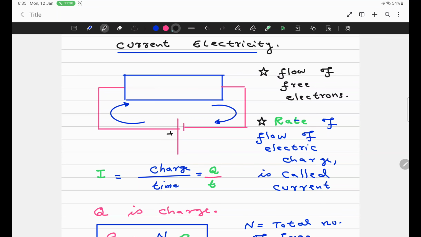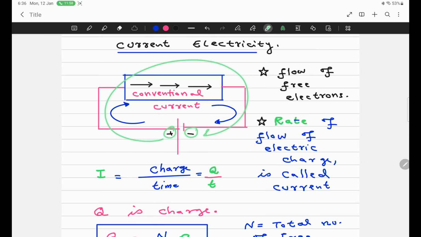This direction of current is called conventional current. So if I say the current is conventional current, then you should use this direction. Conventional current flows from positive terminal to the negative terminal.